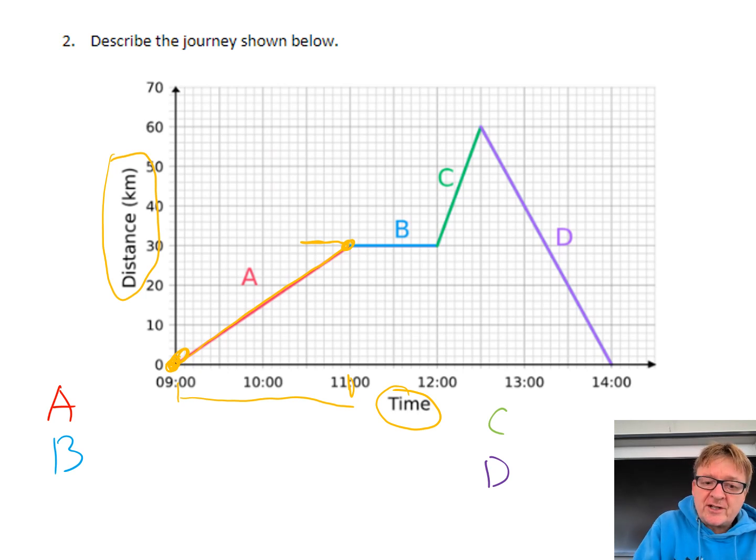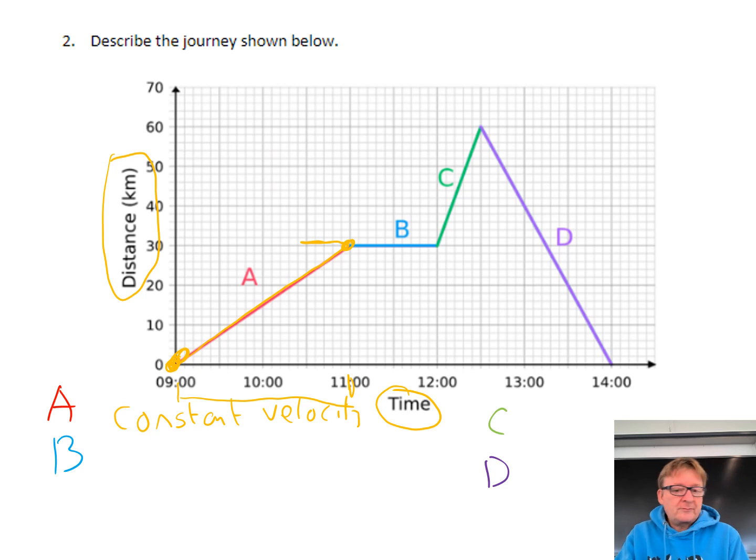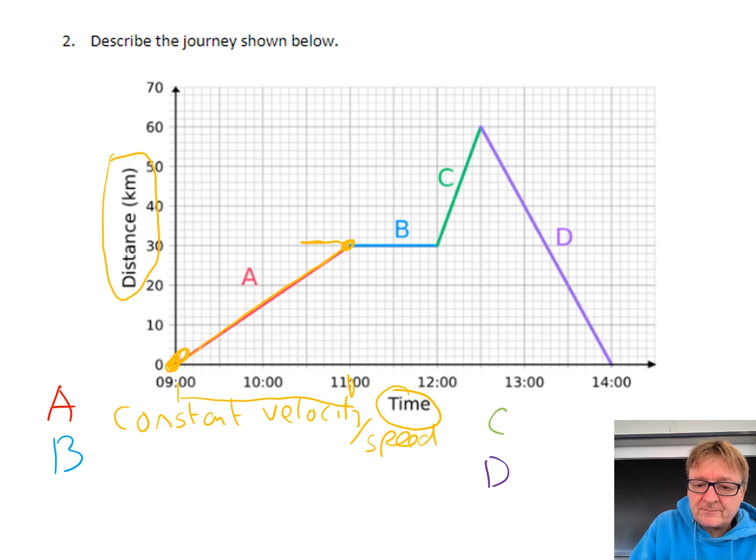And because it's a straight line, it is gone at a constant velocity. Okay? Now, with velocity, you could also write down speed. Now there is a difference between them that you'll do in year 11 forces.